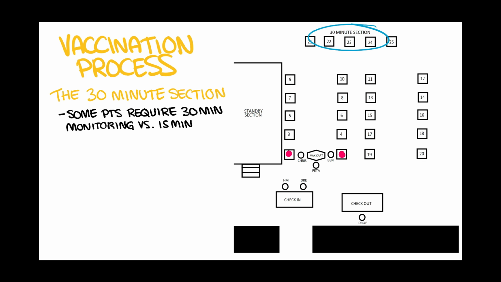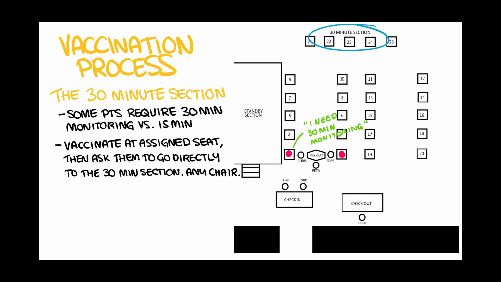Now, the 30-minute section. Some patients require 30 minutes of monitoring versus 15 minutes. So if PETA or any of the vaccinators deem that someone needs to be monitored for 30 minutes, then they're going to vaccinate at their assigned seat.